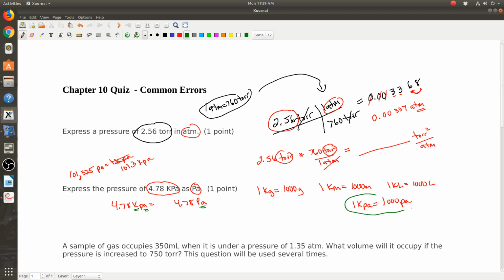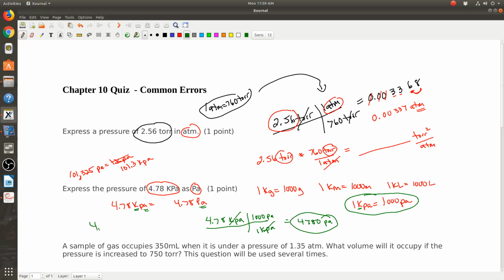This was the easiest relationship to use. All you had to do was 4.78 kilopascals, and there are 1,000 pascals in 1 kilopascal. This is just a metric prefix, kilo. The kilopascals cancel. So it's 4,780 pascals. This was the most correct answer.